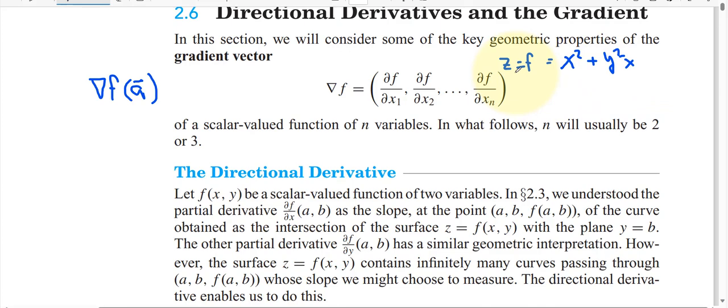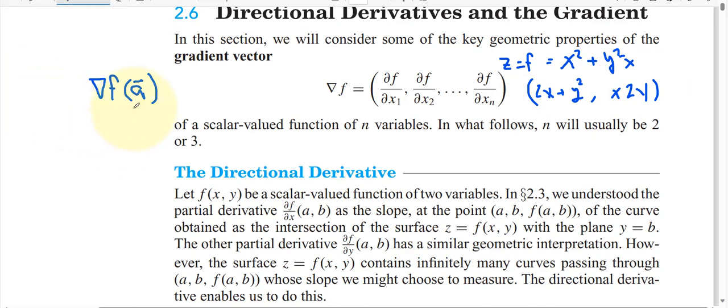And suppose we want the gradient. We only have two inputs here, so we only have to calculate the partial of f with respect to the first and the second. With respect to x, that's 2x y squared. And then the other part is the derivative with respect to y, which is just x. Sorry, it's x squared y.